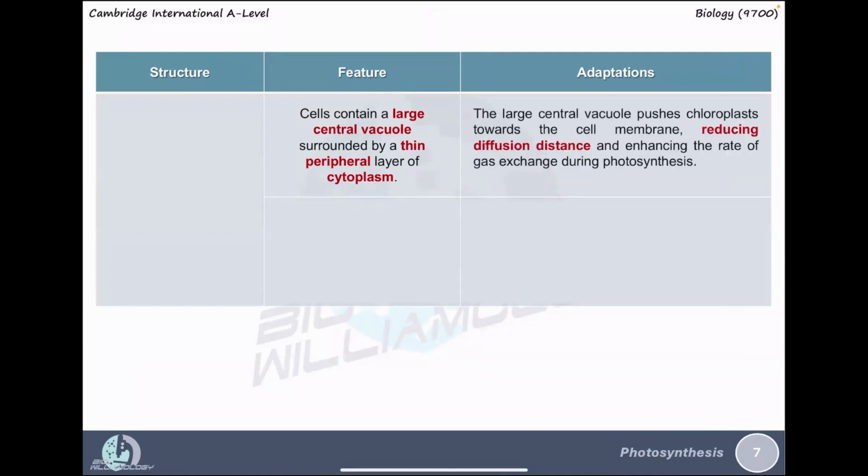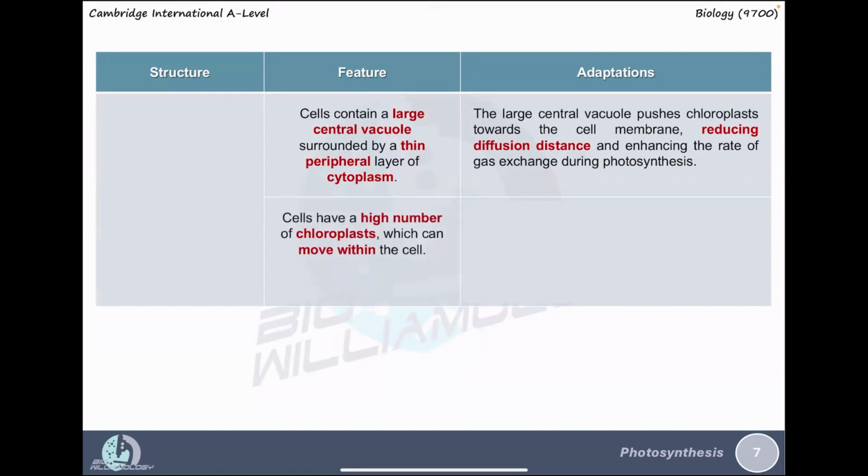So this again reduces diffusion distance and enhances the rate of gas exchange during photosynthesis, where CO2 diffuses from the surrounding air spaces into the mesophyll cells and then into the chloroplast stroma, for example. And at the same time, O2 diffuses out of the chloroplast and then to the air spaces.